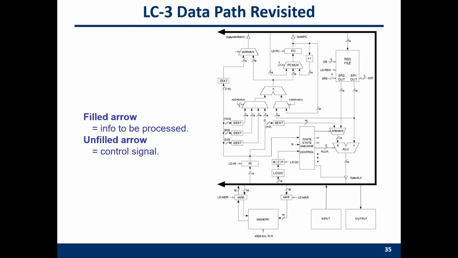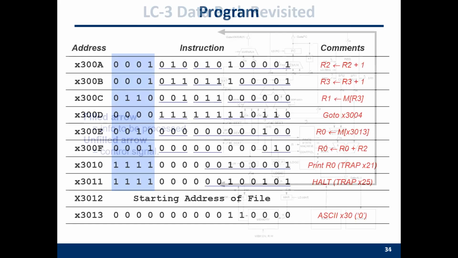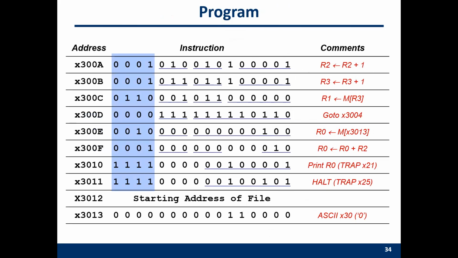If we want to output something, in which register should we put the vector? You can put your data in any register, but after that, you need to invoke the trap. So how do you know which one to output? For example, you can put your data in R0 and then run this trap, and you can output your data on the monitor.